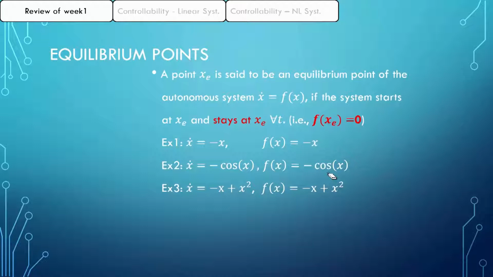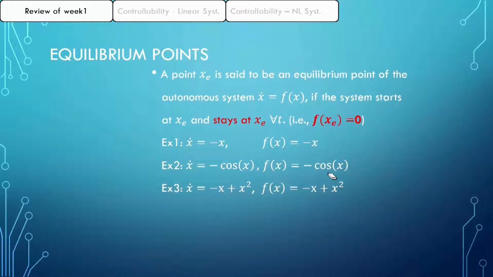According to this definition, the equilibrium point xe is the point that satisfies this equation. So what is f? f is whatever is on the right hand side of the equation, and the left hand side is x dot. So in the first example, f(x) will be this part, minus x.